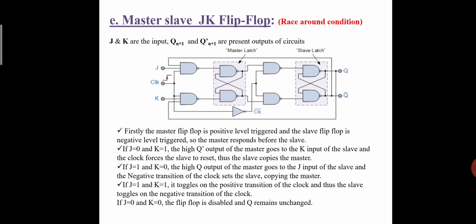So, master slave JK flip-flop. The master slave JK flip-flop is required in order to avoid the race around condition.